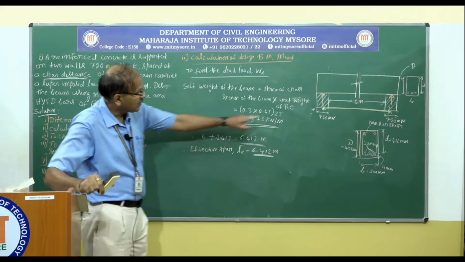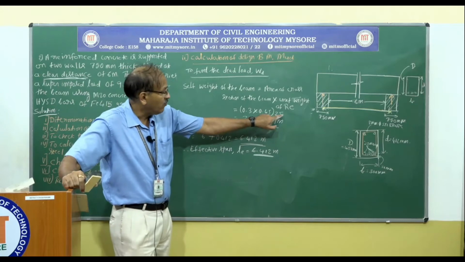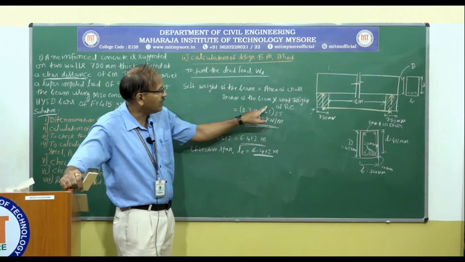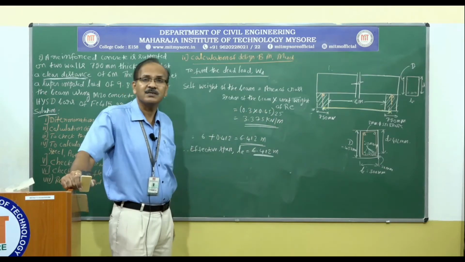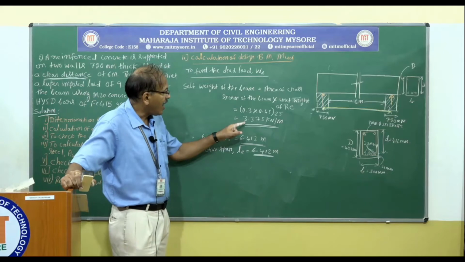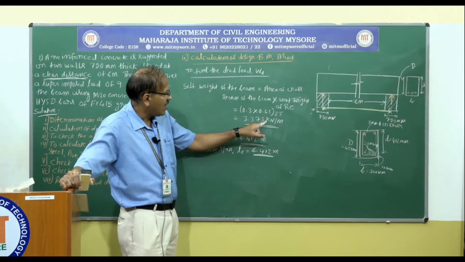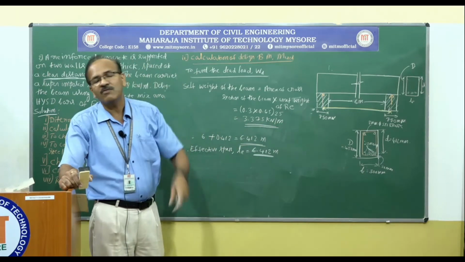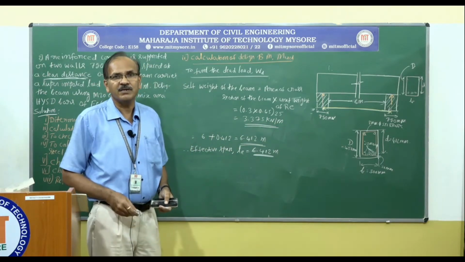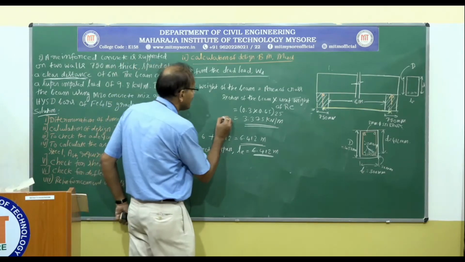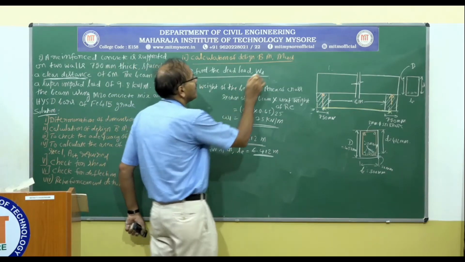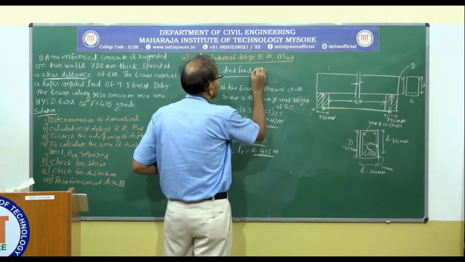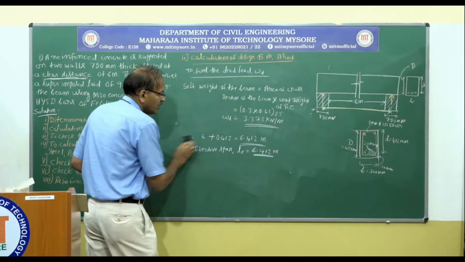I hope you understood. This is kilonewton per meter cube. When we are putting the value in terms of kilonewton per meter cube, these two values should be in meters. Okay. And the self weight of the beam is 3.375 kilonewton per meter. So I have called this as wd, not capital WD, it should be small wd.